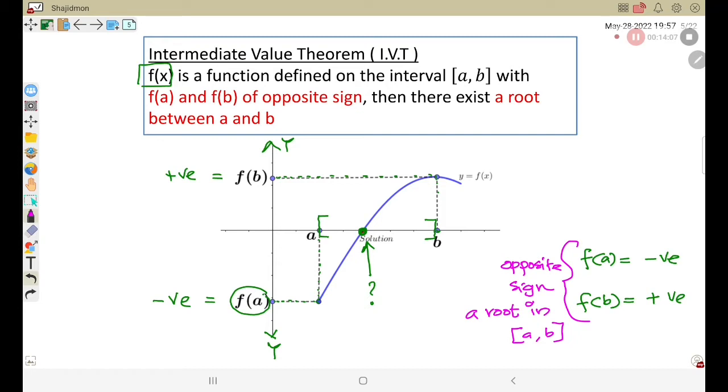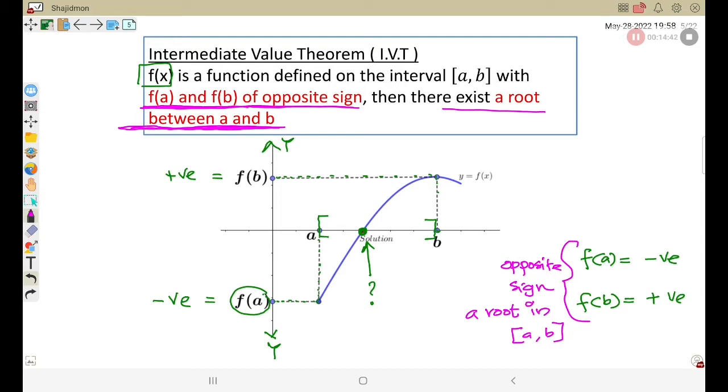So how are we locating a root, how are we finding the input number? Only check f of a and f of b. If we get opposite signs for f of a and f of b, it means there exists at least one root between a and b. There is a solution in between a and b. This rule we call the intermediate value theorem. I hope you understood the first step. Now we will do one example.